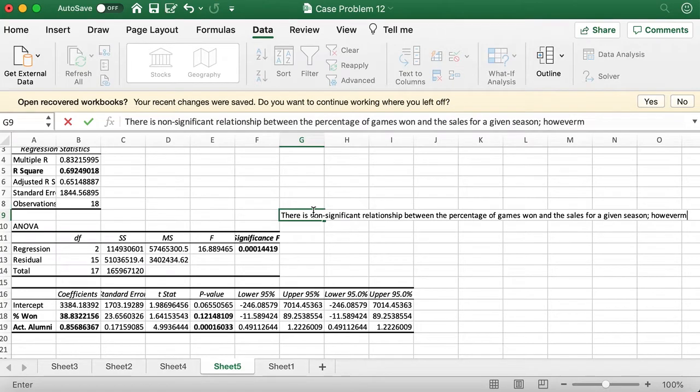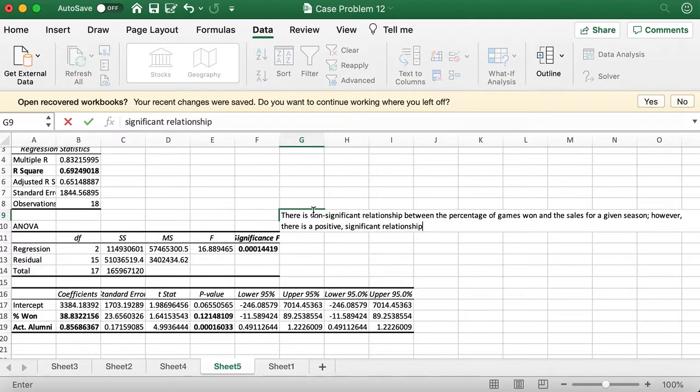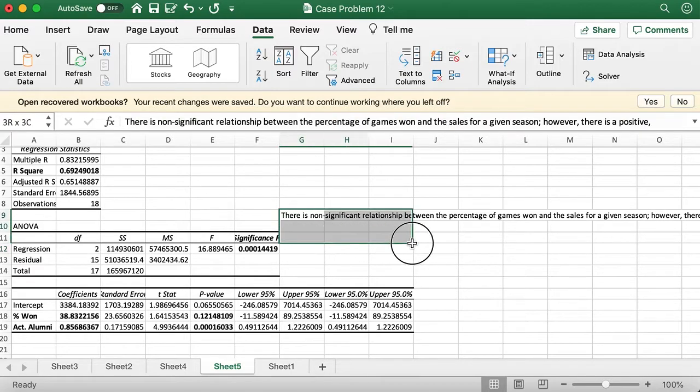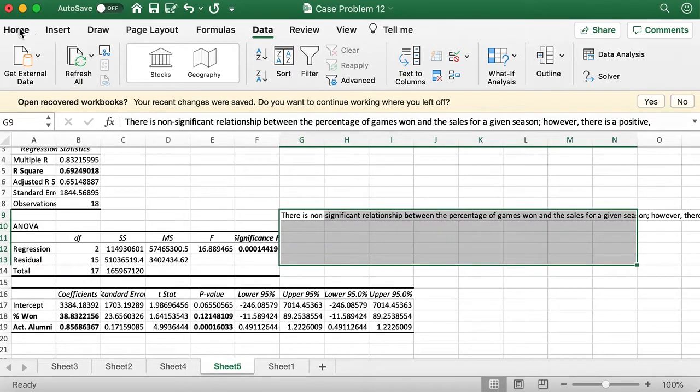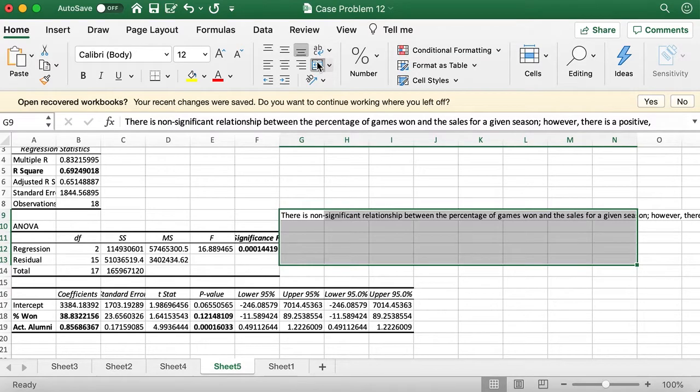However, there is a positive and significant relationship between the number of active alumni and the sales for a given season. And so we can put that here. That way we can see it a little bit better.